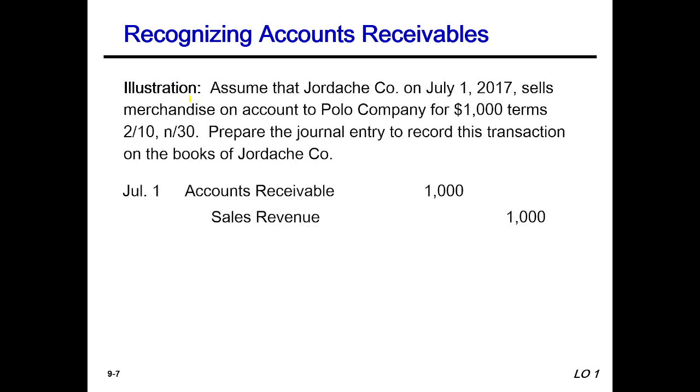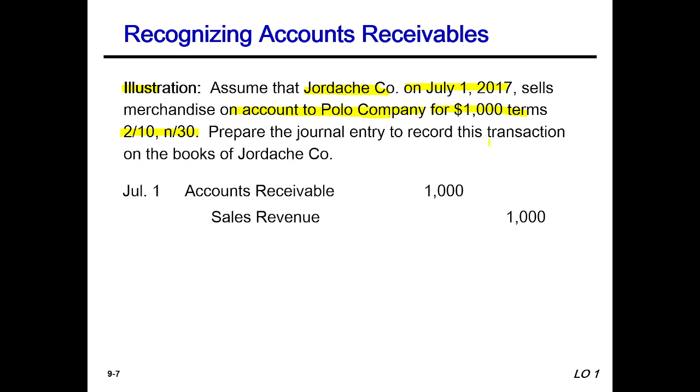Just an illustration. Assume that George's company on July 1, 2017 sells merchandise on account to Polo company. That means Polo company is the purchaser and George's is the seller. It sells merchandise on account for $1,000, terms 2/10, net 30.